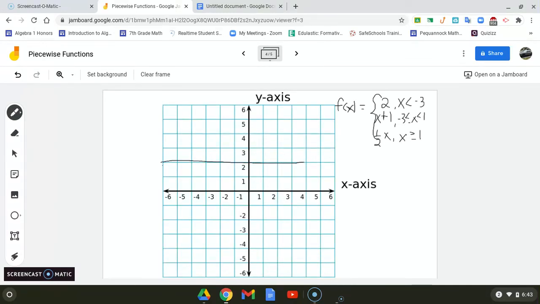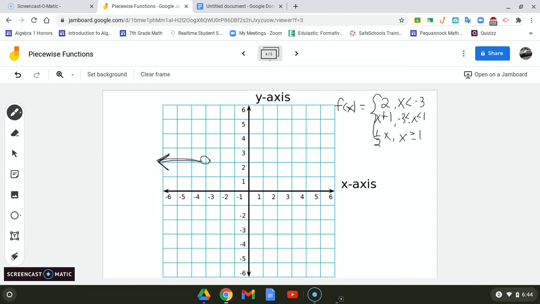But we only have that line when x is less than -3. So let's back this up. Let's get to -3. And remember, this means we're going to have an open circle, right? Because it's just less than, not less than or equal to. So here's our open circle. And we're shading to the left, everything to the left.